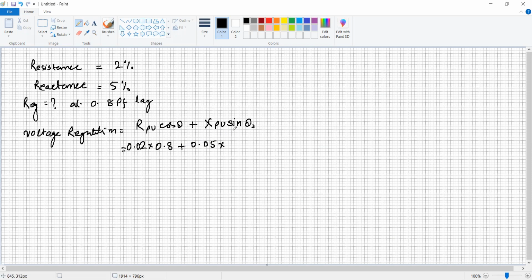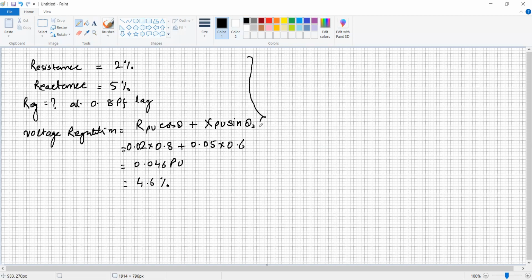Cos theta is 0.8, so sin theta is 0.6, from cos inverse of 0.8. So it is found as 0.046 per unit, that is equal to 4.6%. So voltage regulation is 4.6%.